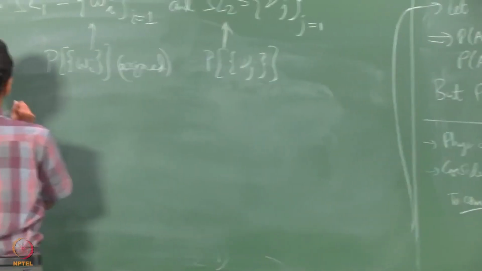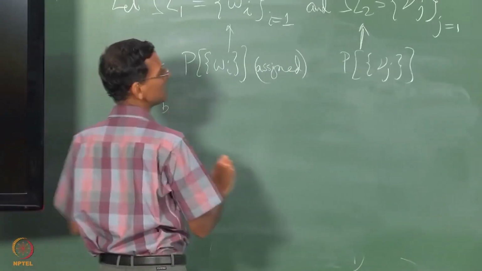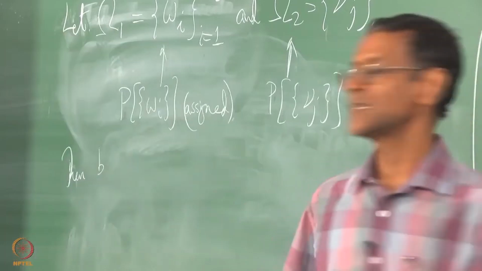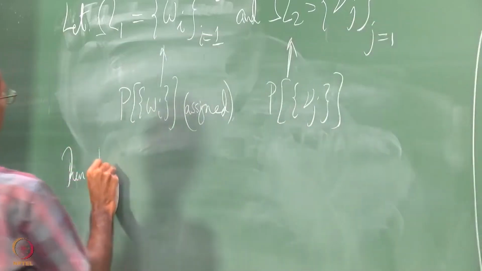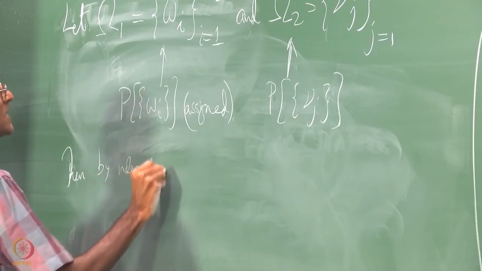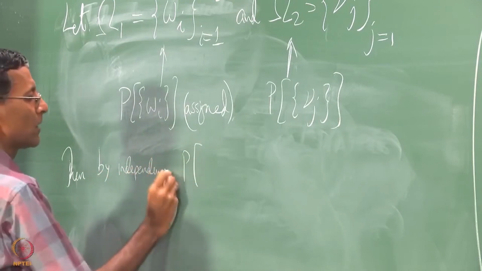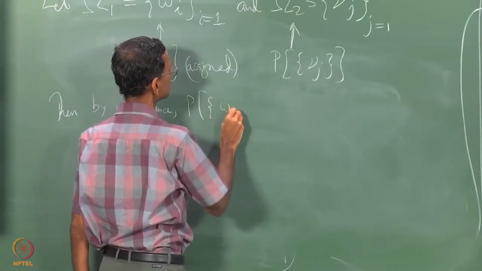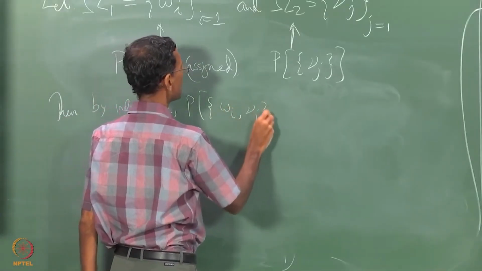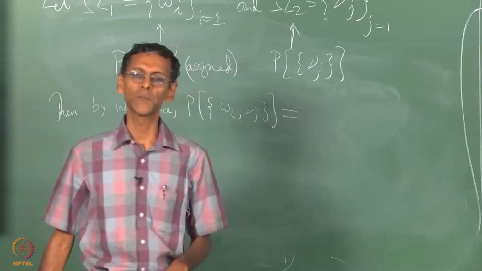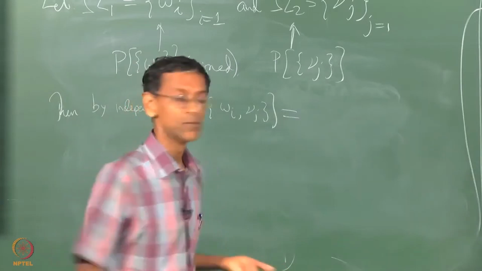Physical independence implies statistical independence. Independence is our justification for what? For assigning what probability to this ordered pair? The product of the two.